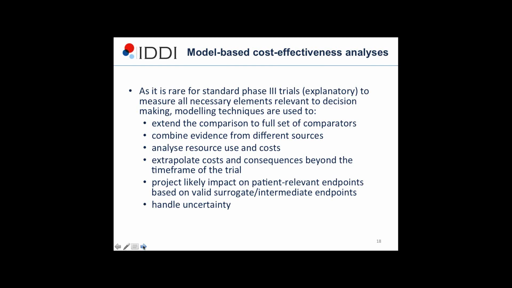Ideally, all available relevant evidence is used to inform these parameters. So this means experimental studies, population mortality statistics, or cohort studies. For instance, a Markov model would extrapolate costs and consequences beyond the, let's say, 6 months of the phase 3 trial. Different sources of evidence would be used as input.